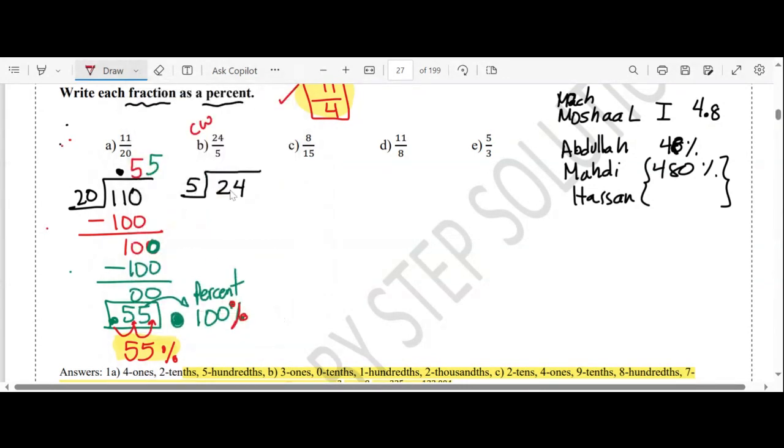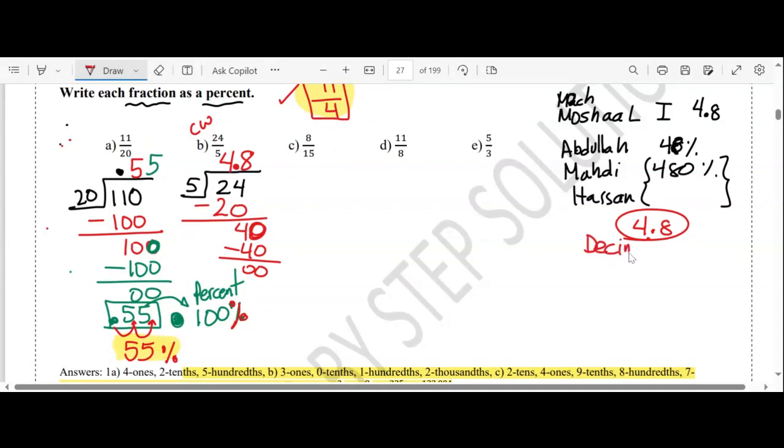Okay? 5 goes into 24? 4, right? 4 times 5 is 20. What's left? 4. 5 goes into 4? No. So we put a point here and add 0. 5 goes into 40? 8. 40, 0. So what did you get? 4.8.